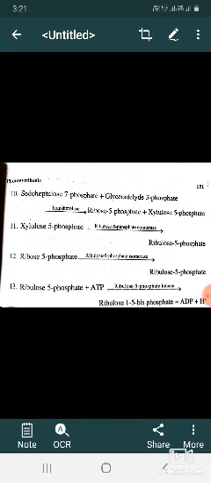So these are the pseudoheptulose, a total of 5 enzymes in the Calvin cycle. The regulation of the Calvin cycle takes place by two methods.